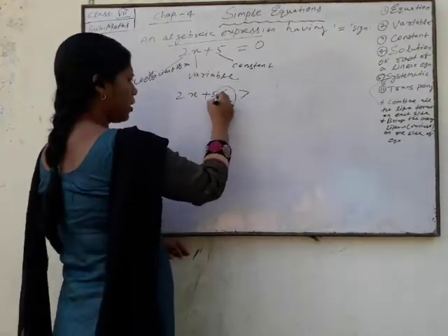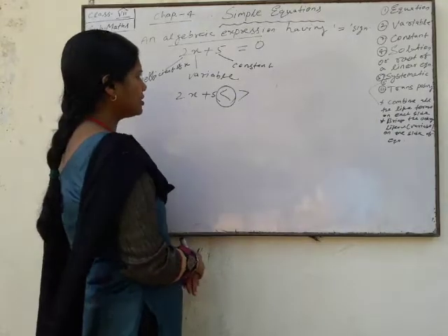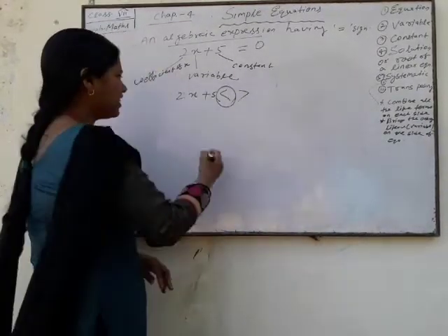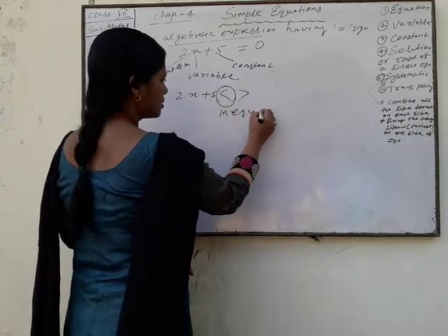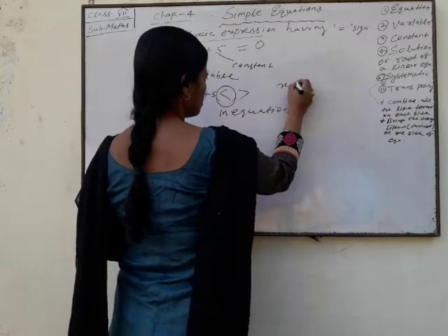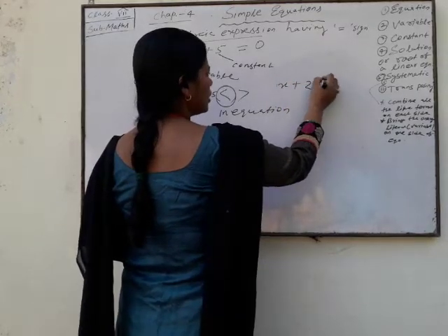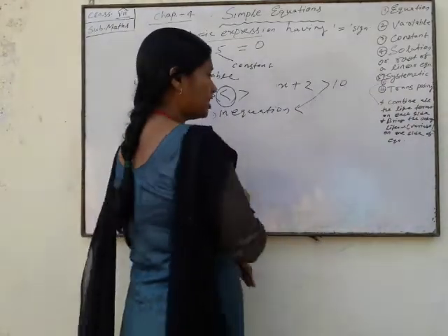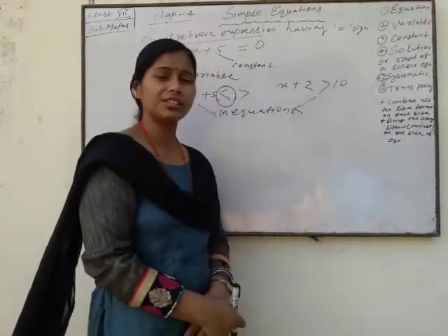This is not equal, so this is not an equation. This is an inequation. Suppose x + 2 is greater than 10. This is also an inequation, not an equation.